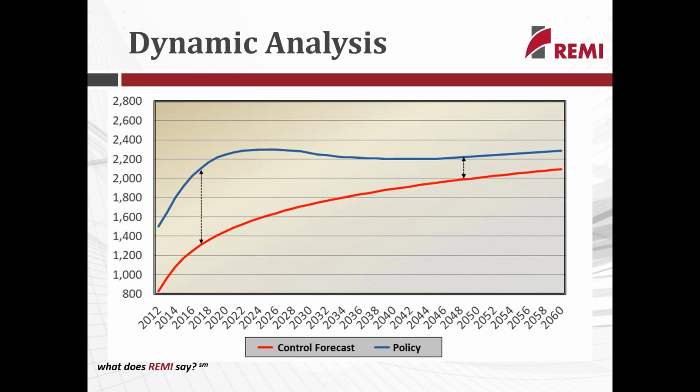And we can construct a baseline forecast for if there were no policy, what would the economic future look like? We can forecast this out to 2060, and we forecast it dynamically, iteratively, year on year.